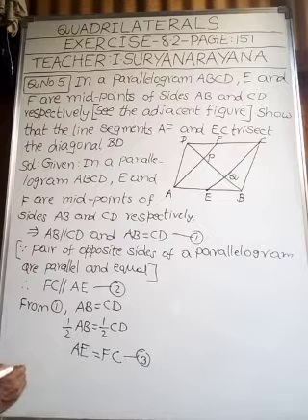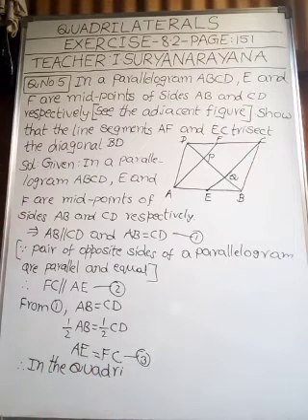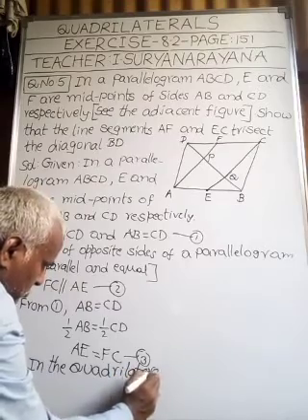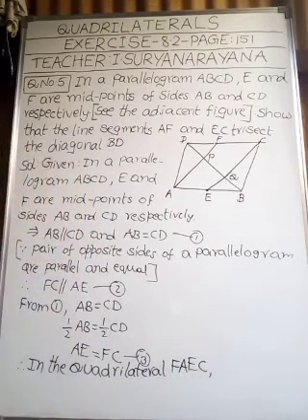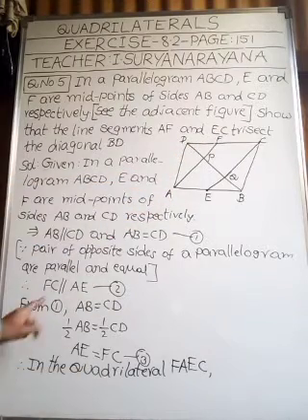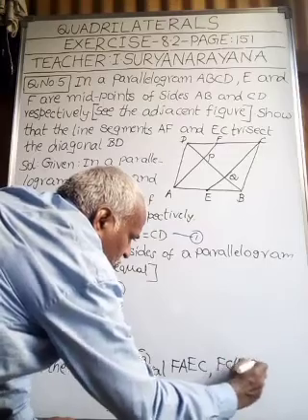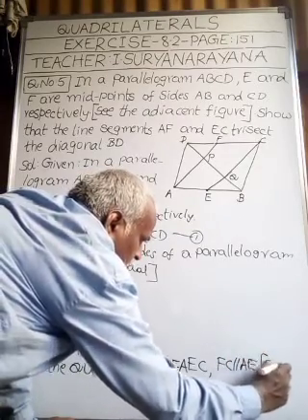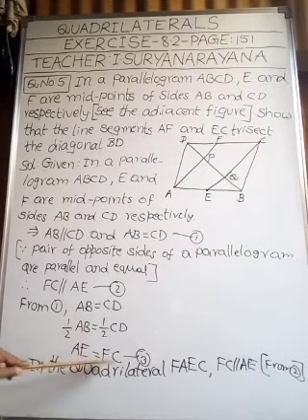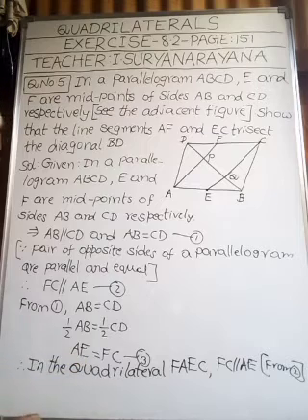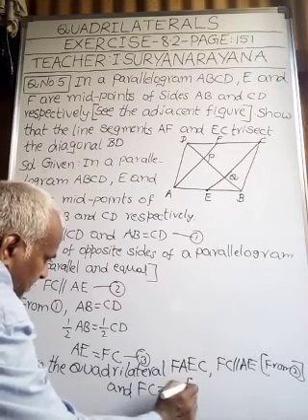Therefore, in the quadrilateral FAEC, FC is parallel to AE from equation 2, and FC is equal to AE.